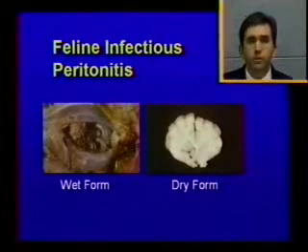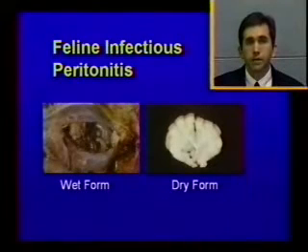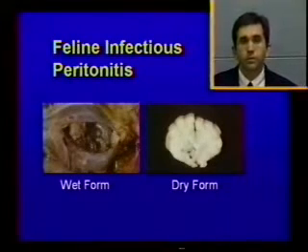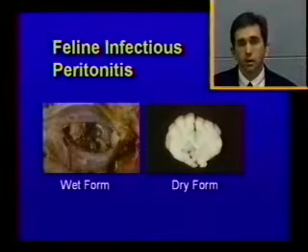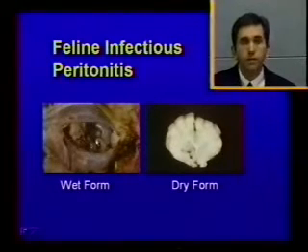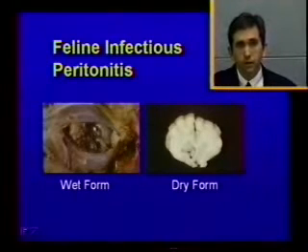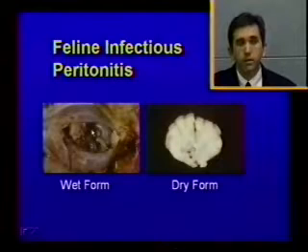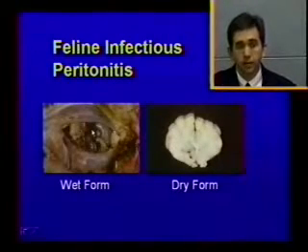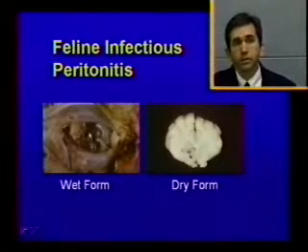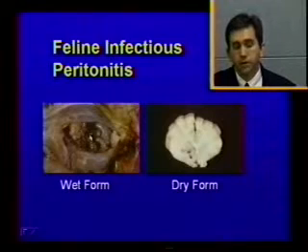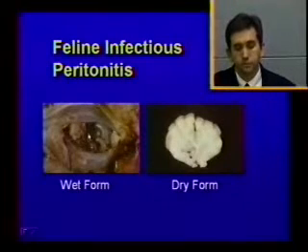This diagram shows the two forms of FIP disease, the wet form and the dry form. On the left is an example of the wet form, and in this, as I'm showing with the arrow, this is the peritoneal cavity of a cat that's been opened up to show the inside of the cavity. This red area represents the omentum and the mesentery that is very inflamed, and it's very dark red.